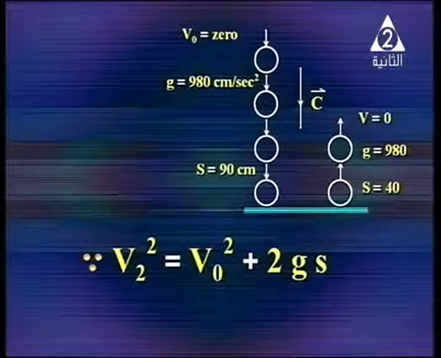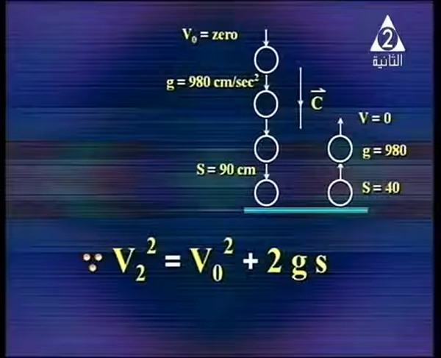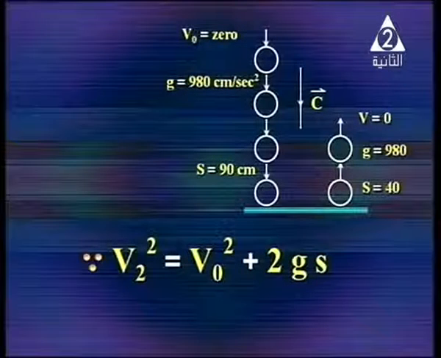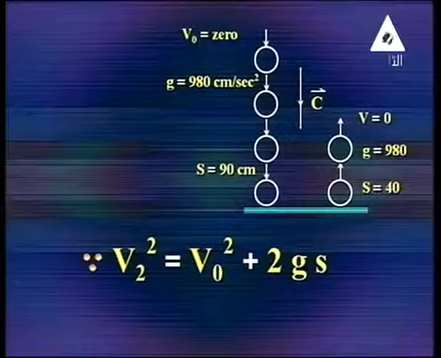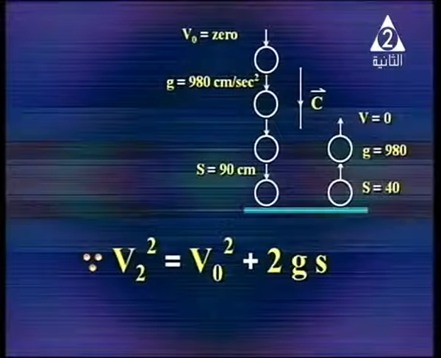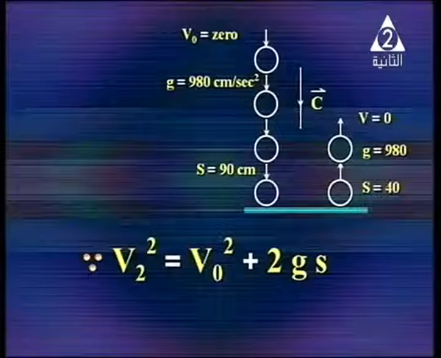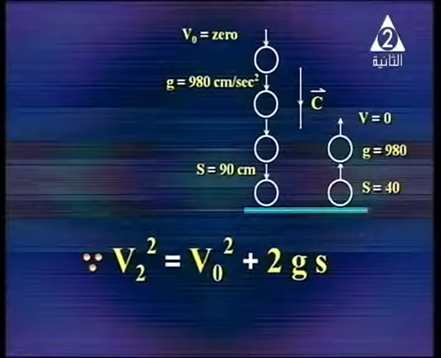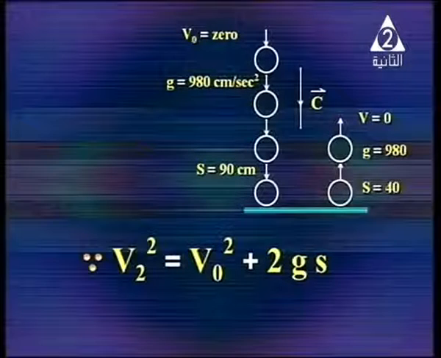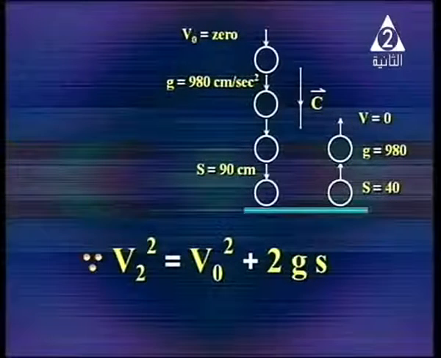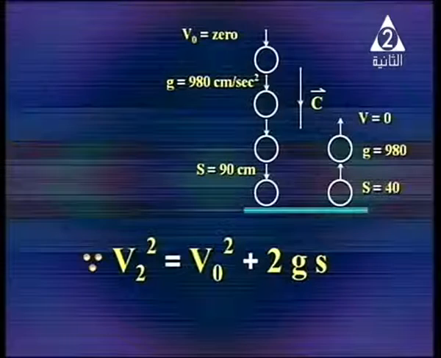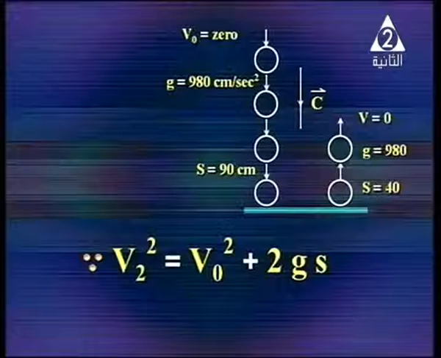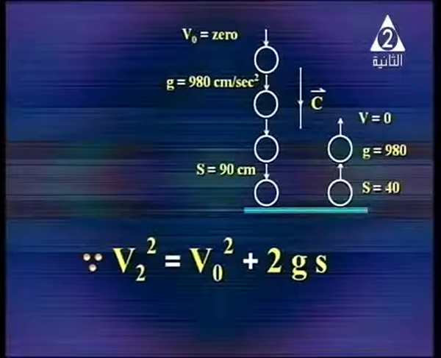We use the third rule of Newton's law: V square equals V naught square plus 2GS. Why? Because when a rubber ball is dropped or falls on the surface, the magnitude of G is positive.